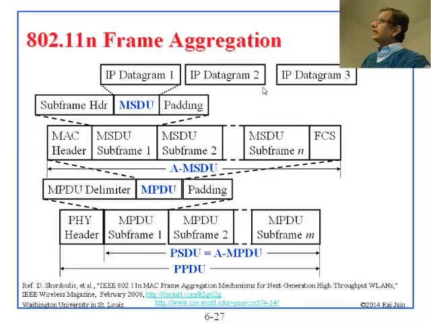So this is actually aggregated MSDU. So what we did was we took this is an SDU. This IP frame is what we call a service data unit for MAC, MSDU. We put these headers and trailers, and then we put many of them together. So this is the aggregation, and this whole thing is called AMSDU.